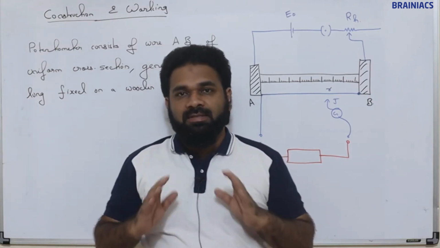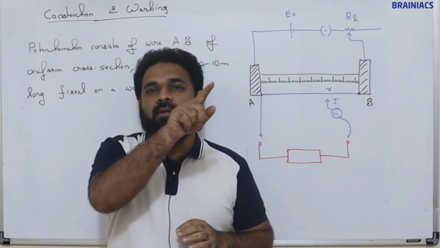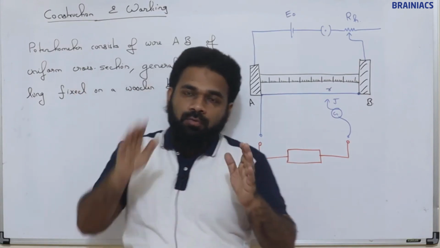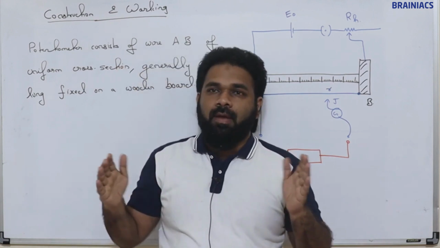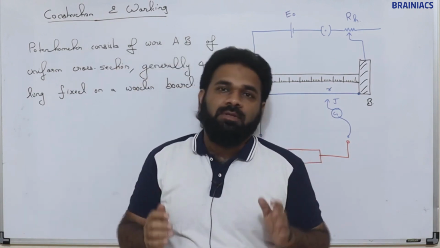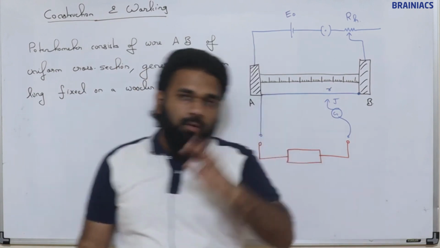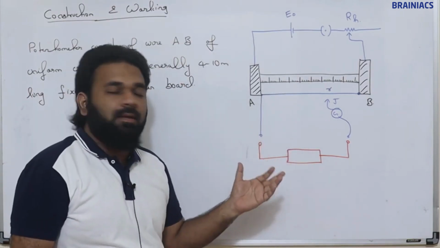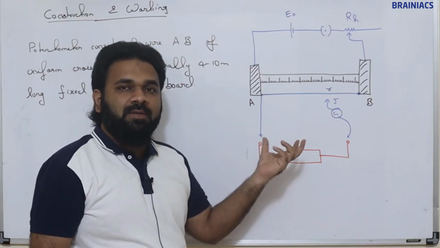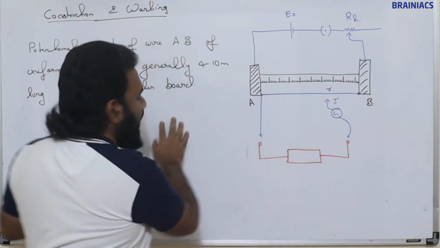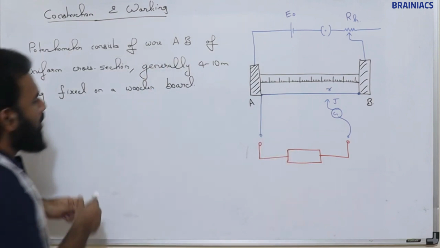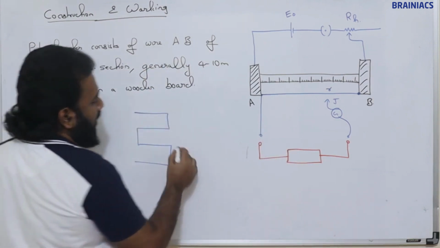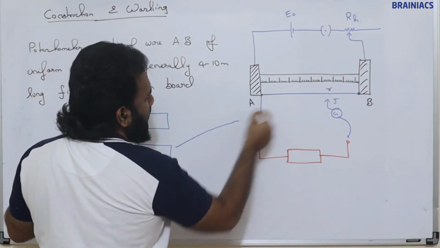The original setup, that is the wire made into several segments and made into a portable set, that we have seen. Now in order to get a proper understanding and for easy explanation, I have converted this kind of potentiometer wire setup into this form.